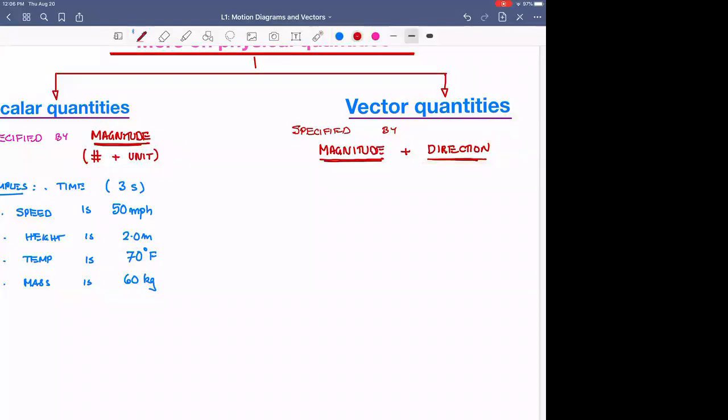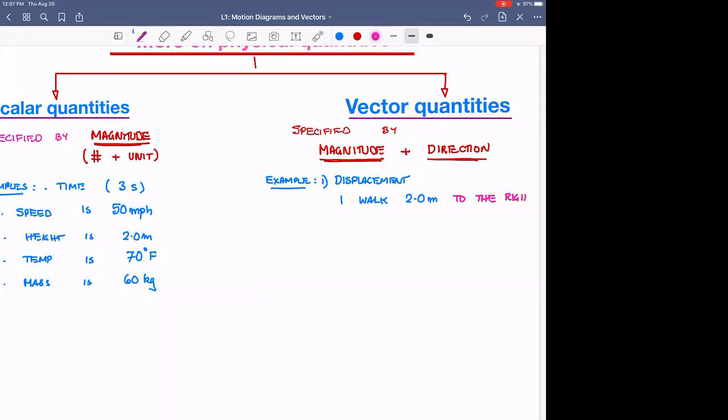For example, let me write down an example: what we call a displacement. How do I specify a displacement? I walk 2 meters, and to this I also add another phrase, to the right.